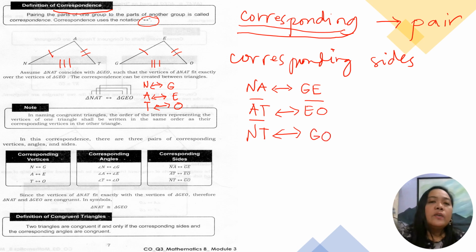So these are the corresponding sides of our triangle NAT and triangle GEO. And we can also get the corresponding angles.